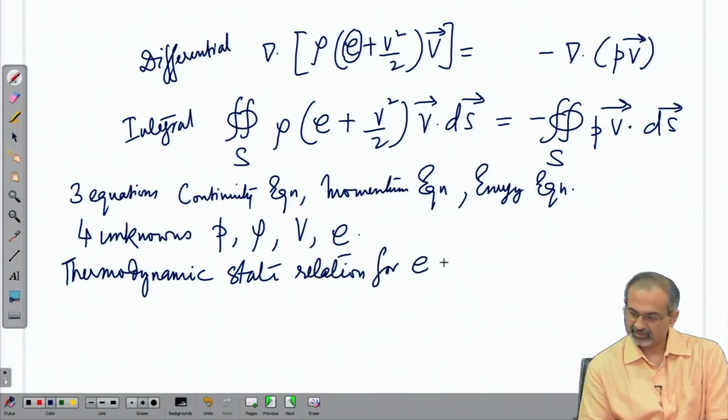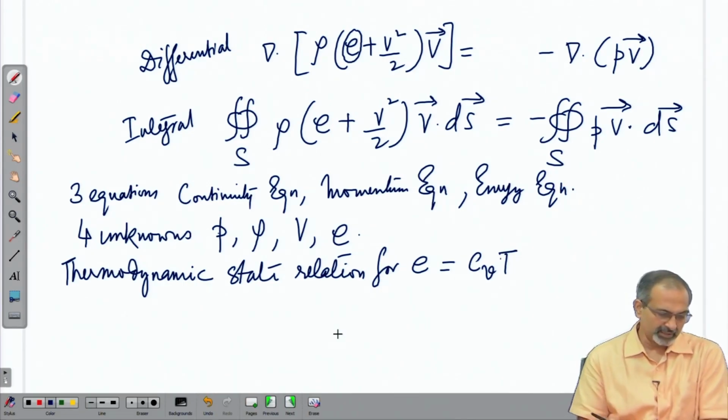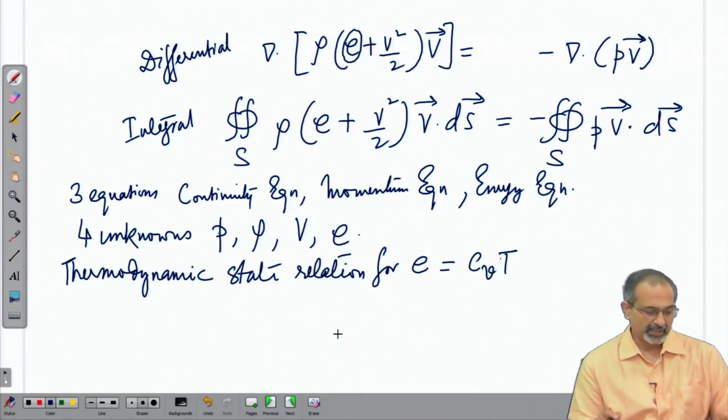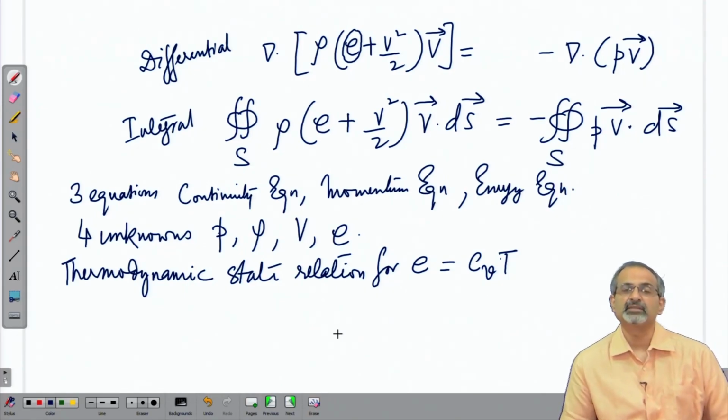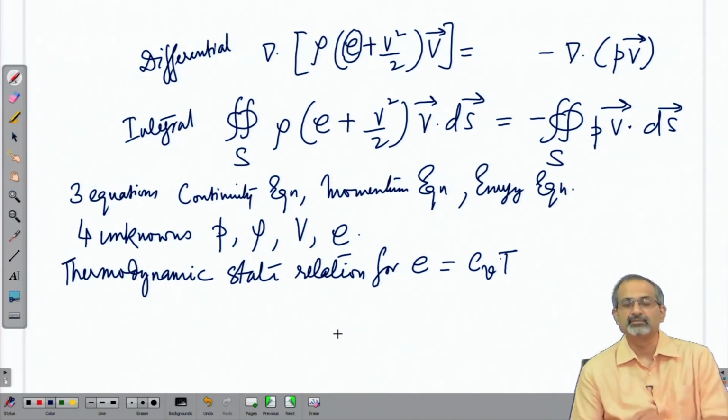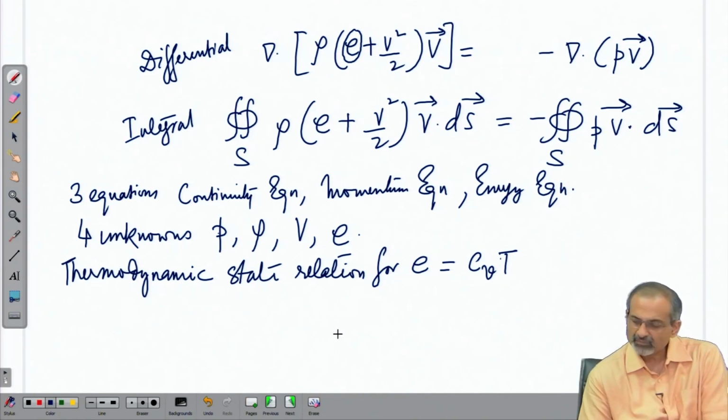for E, and that is what? For a calorically perfect gas, that means a perfect gas for which its specific heat at constant volume or specific heat at constant pressure remain constant irrespective of the temperature.